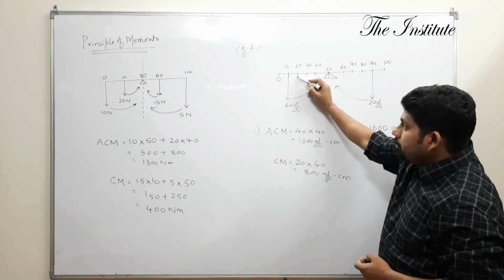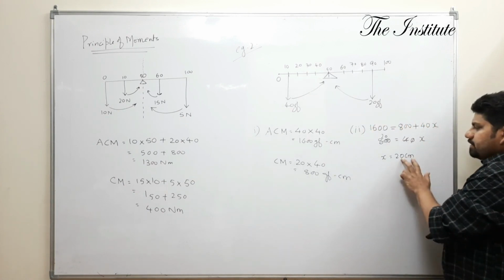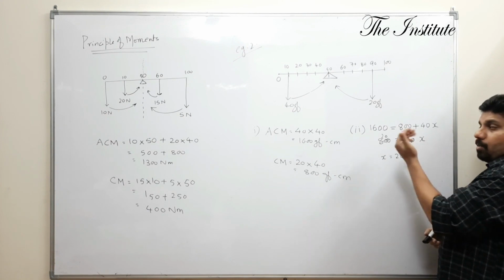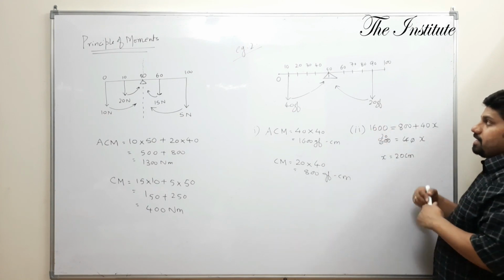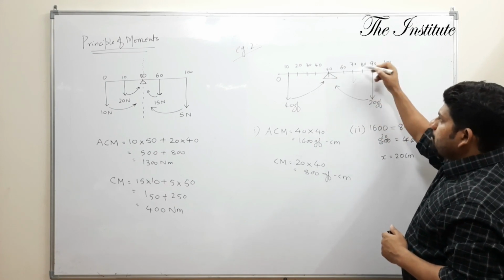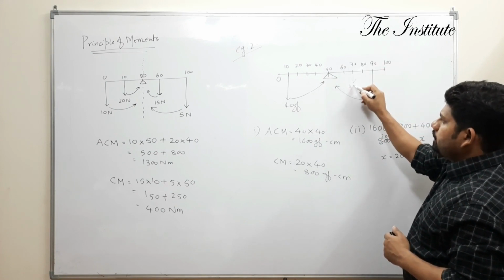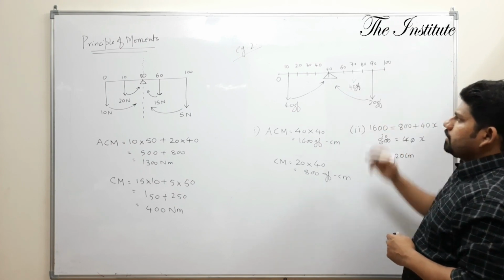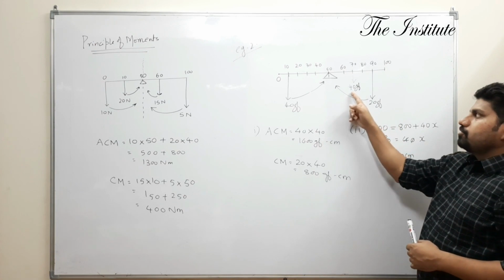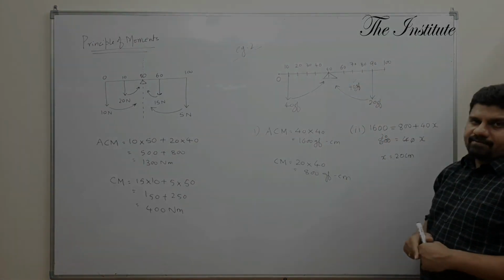Now, don't put it here. 20 centimeter from the fulcrum on the clockwise side. So from the fulcrum, 20 centimeter on the clockwise side, we need to put our 40 gram force. So our final answer is 40 gram force should be placed at 70 centimeters.